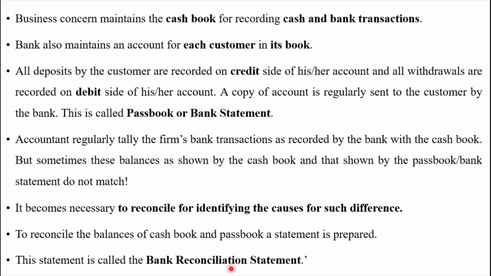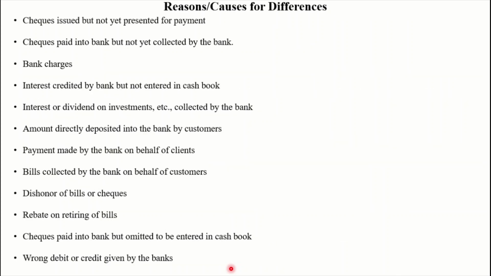Now we are going to see what are the different causes of such a situation. The first and most important situation is checks issued but not yet presented for payment.